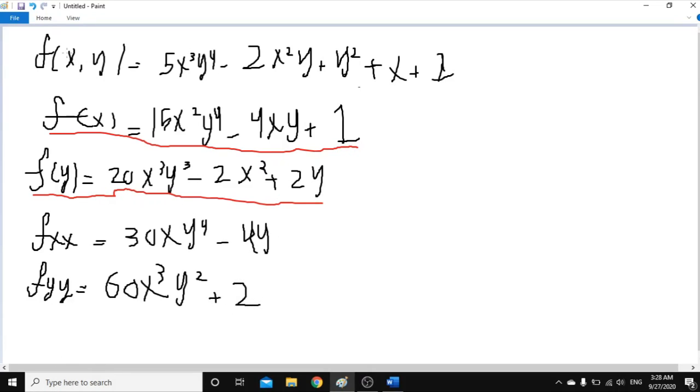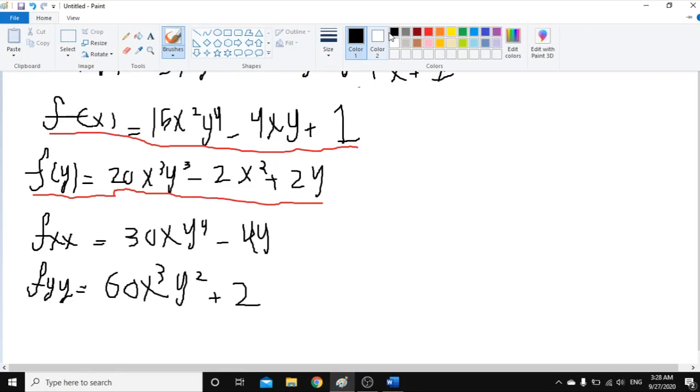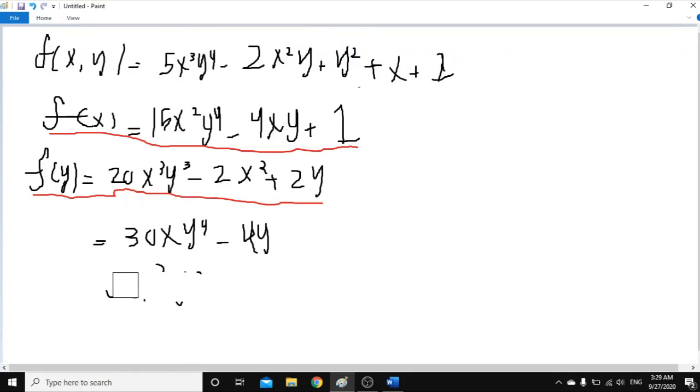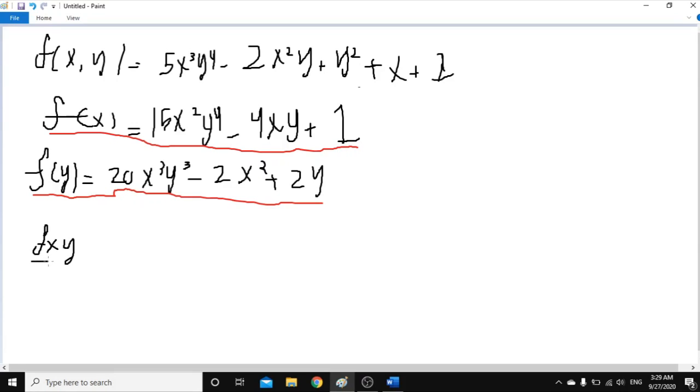Okay, let me make some space to talk about fxy and fyx. Let's delete those, we don't need them. If we want to deal with f with respect to x with respect to y, I need to take the partial derivative with respect to x, and then take the derivative of this function with respect to y, as shown here.